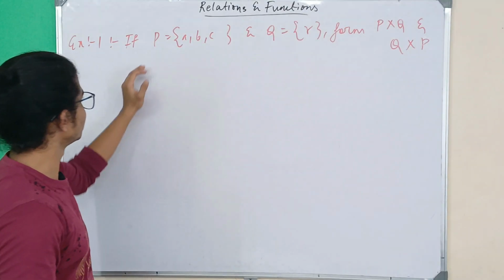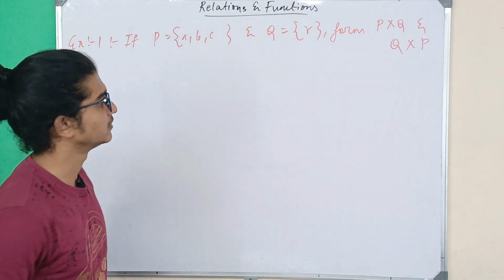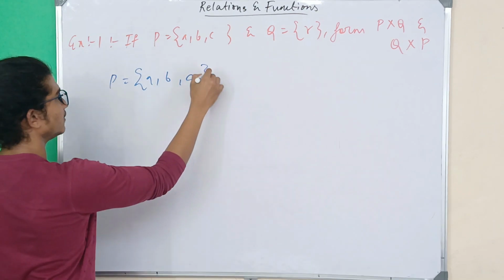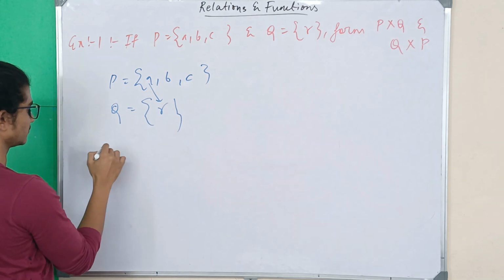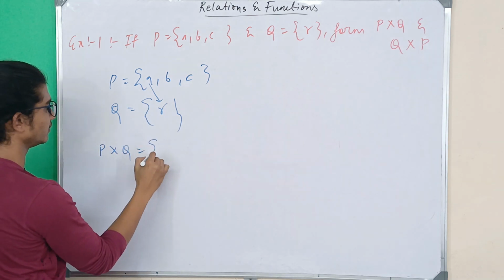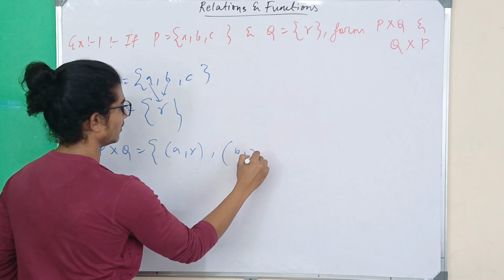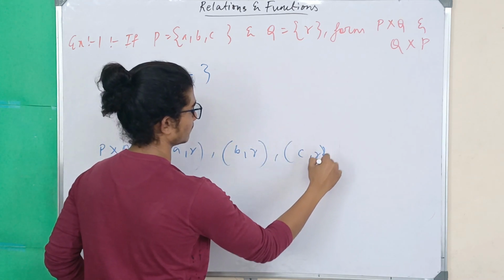The next one is, if P equals {a, b, c} and Q equals {r}, we are supposed to find P cross Q and Q cross P. First, P equals {a, b, c} and Q equals {r}. So basically multiply this with this. P cross Q is going to be (a, r), and this with this, (b, r), and this with this, (c, r).